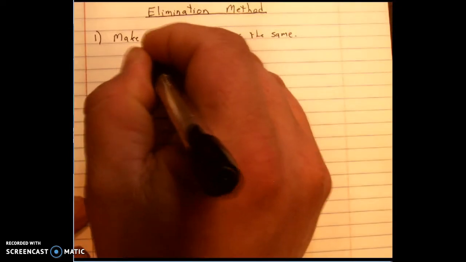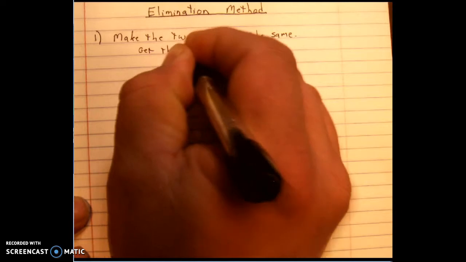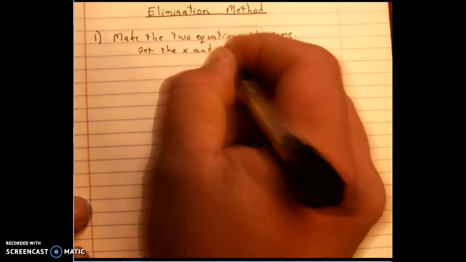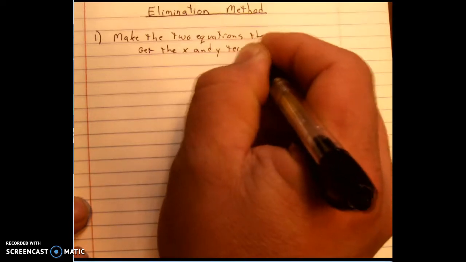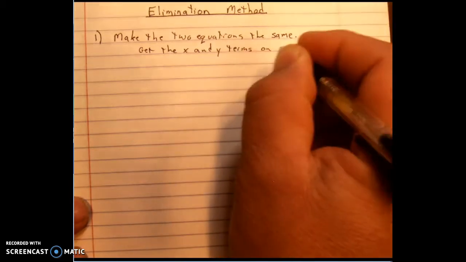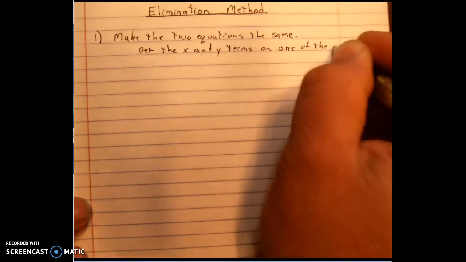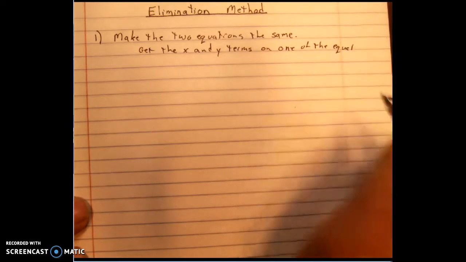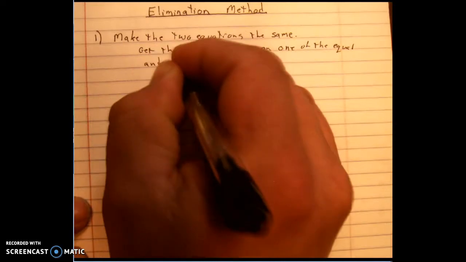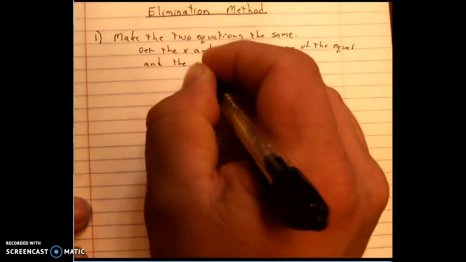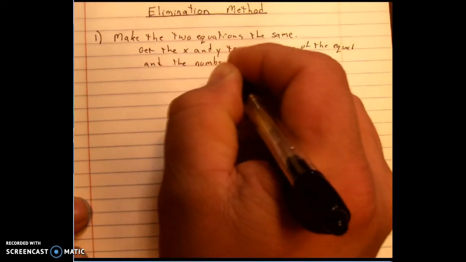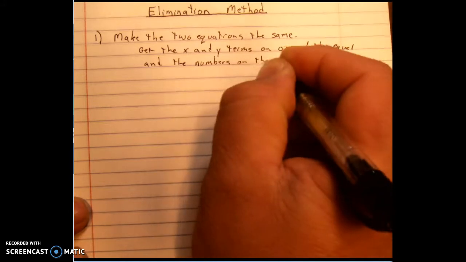So get the x and y terms on one side of the equal sign, and the numbers on the other side.